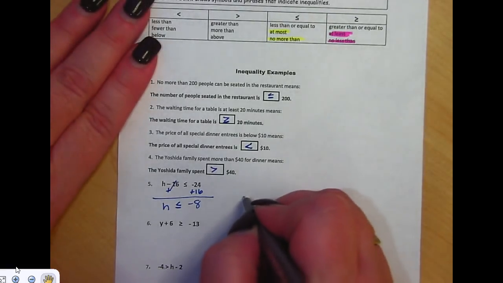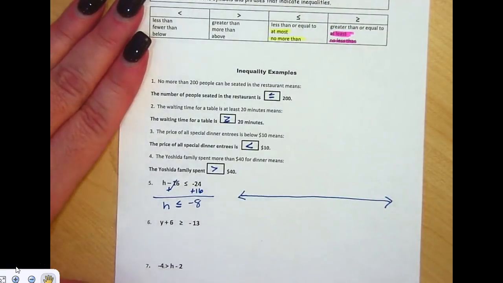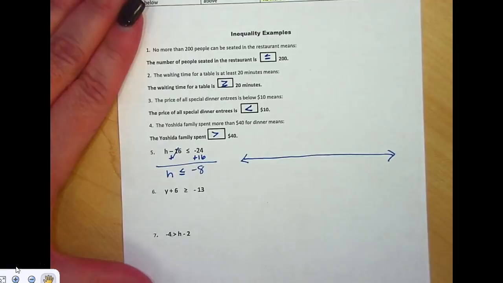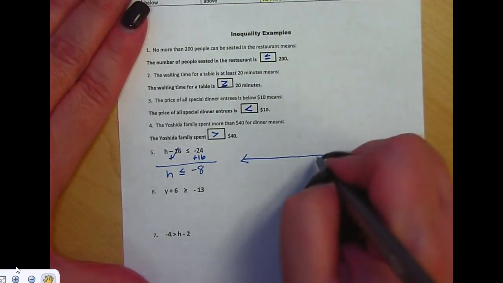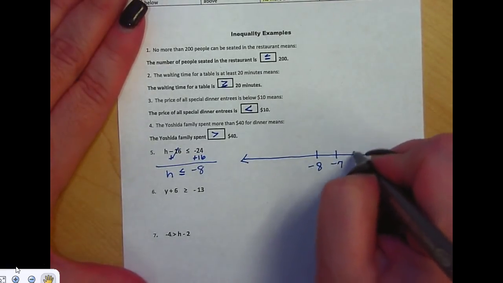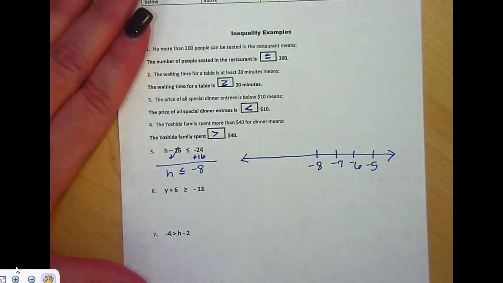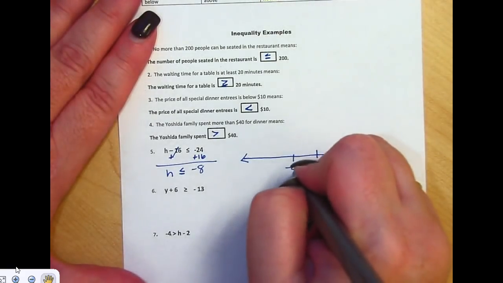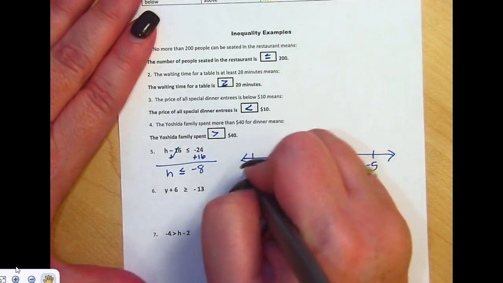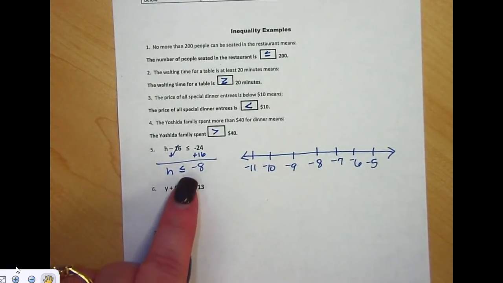So when you see this, now you have to draw an open number line. Looks just like that. What number needs to be in the middle? Negative 8. This way they get bigger. Negative 7, negative 6, negative 5. If you're having trouble, use the number line at the front of the room. Is that going to be an open dot or a closed dot? Look at this sign. Closed.